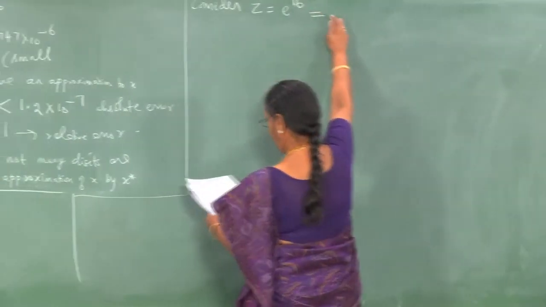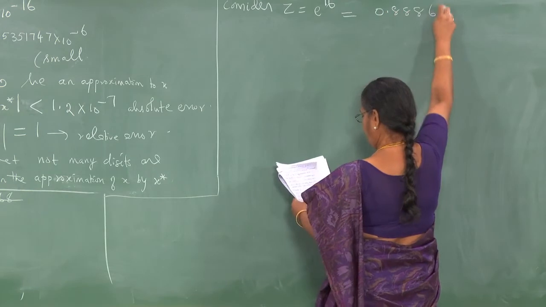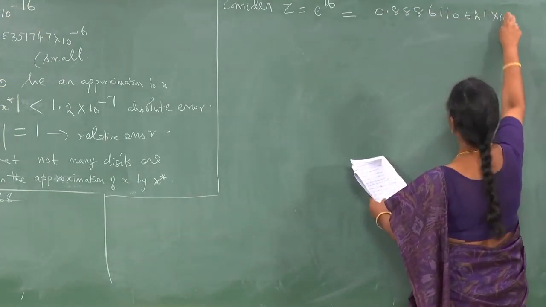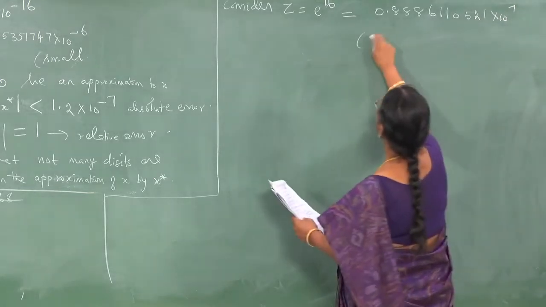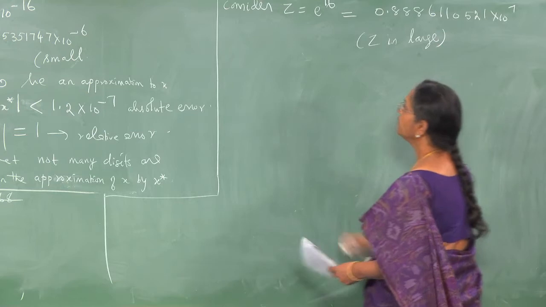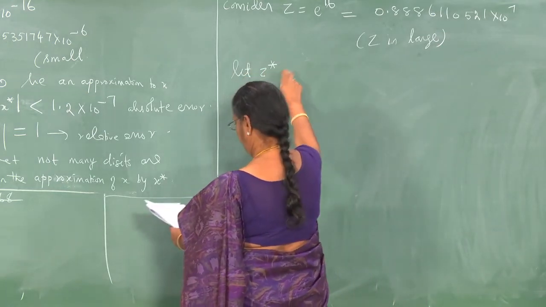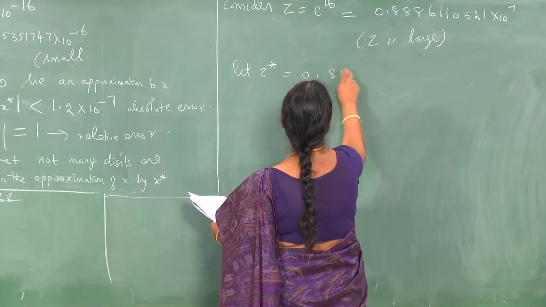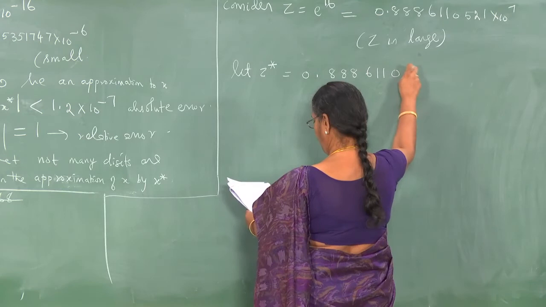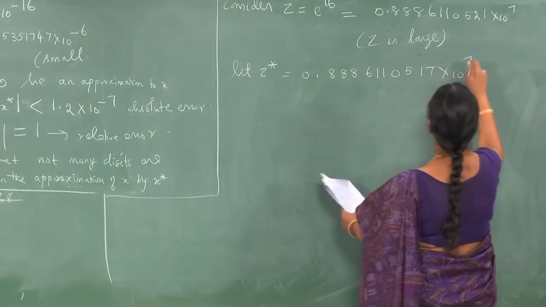Let us write down e power 16, 0.8886110521 into 10 to the power of 7. It is clear that z is very large. So, let us take z star to be an approximation, 0.8886110517 into 10 to the power of 7.